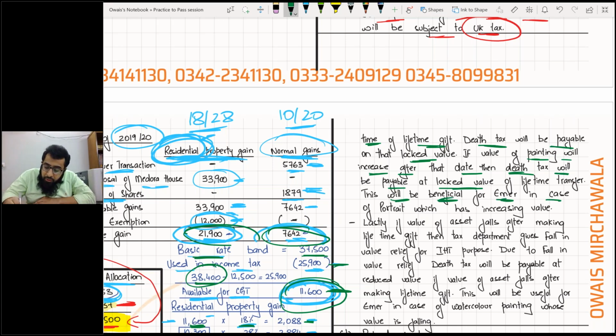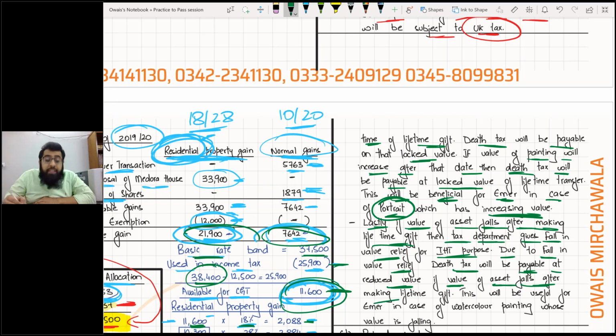This will be beneficial for Emma in case of the portrait, which has an increasing value. Lastly, if the value of an asset falls after making a lifetime gift, then the tax department gives fall in value relief for IHT purposes. Due to fall in value relief, death tax will be payable at the reduced value. This will be useful for Emma in case of the watercolor painting.